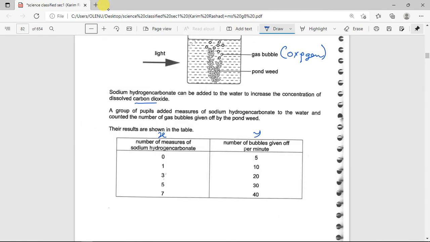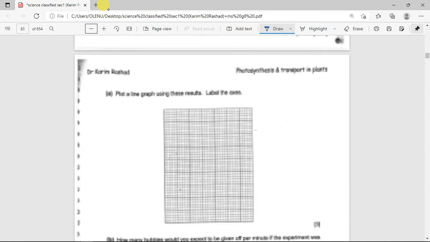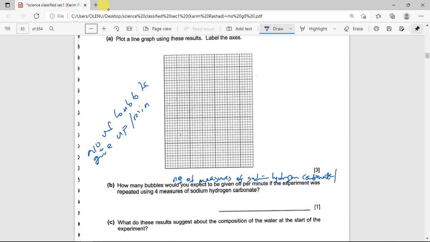For here, my maximum value is 7, so I have 0 to 7. So you just check 0, it is 0, 1, 2, 3. So I can make this 0, 1, 2, 3, 4, 5, 6, 7.